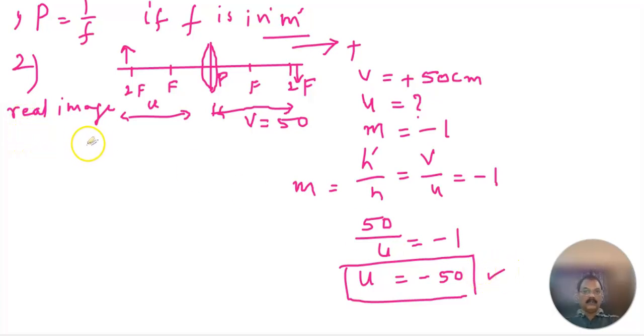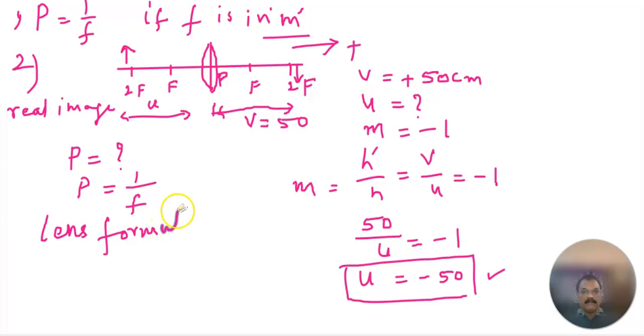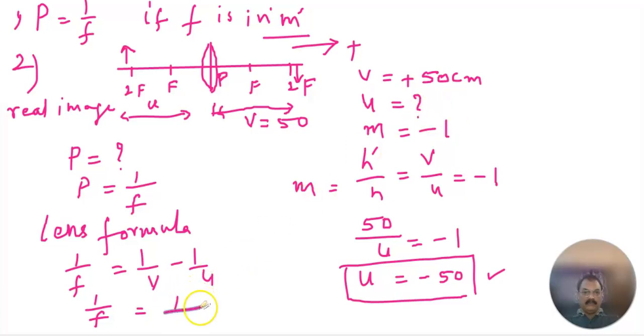Then the second question: what is asked? Power. Power is the reciprocal of focal length. To find f, you have the lens formula: 1 by f is equal to 1 by v minus 1 by u. So 1 by f is 1 by 50 minus 1 by minus 50.